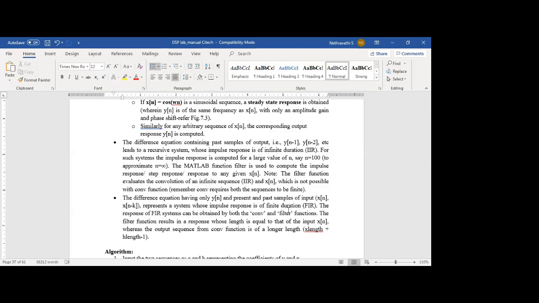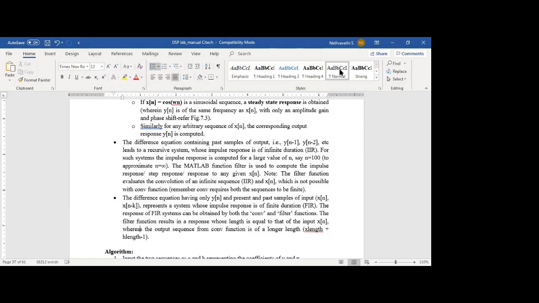In this case I can use both things: CONV, or the word filter itself, because this is not an infinite impulse response. It is a finite impulse response. So I can use the word filter, or else the word CONV.